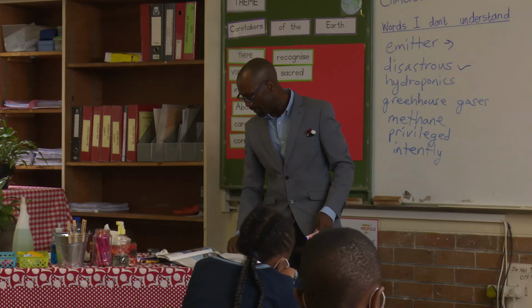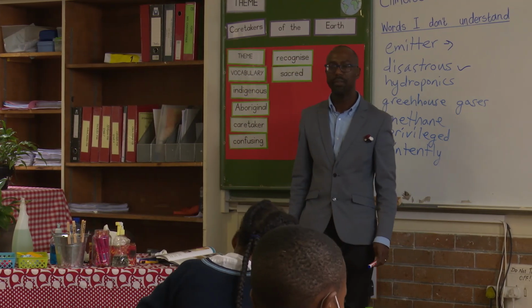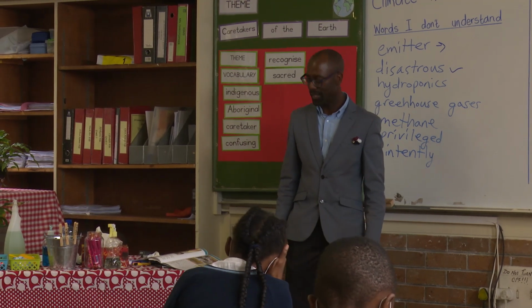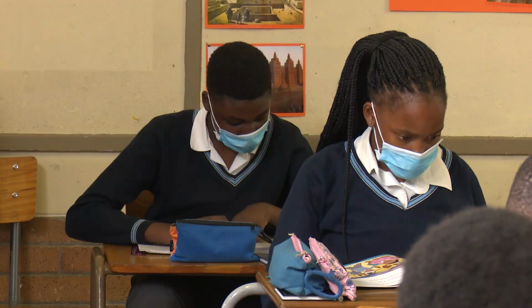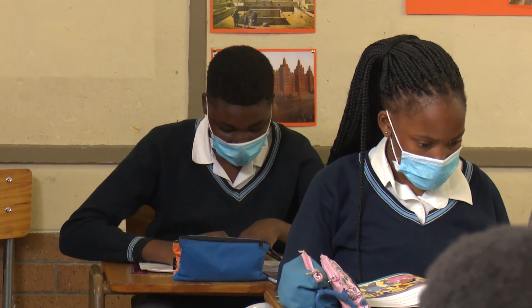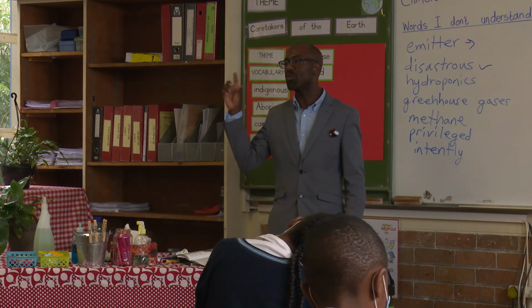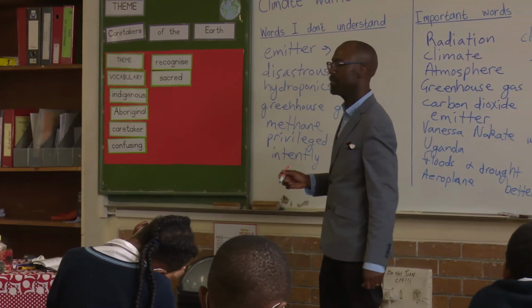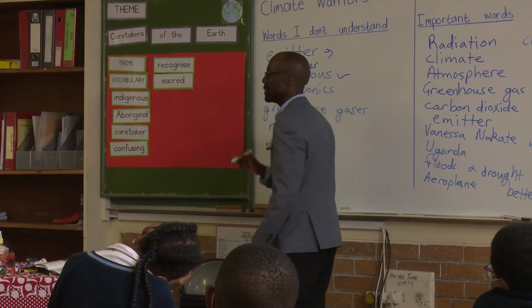Disastrous, let's turn to page 7. Who has found the sentence? Quickly. Yes, Wanda, read that sentence for me. It is already affecting us and it will continue to affect us with disastrous results. Right, there we go. So disastrous comes from the word disaster.